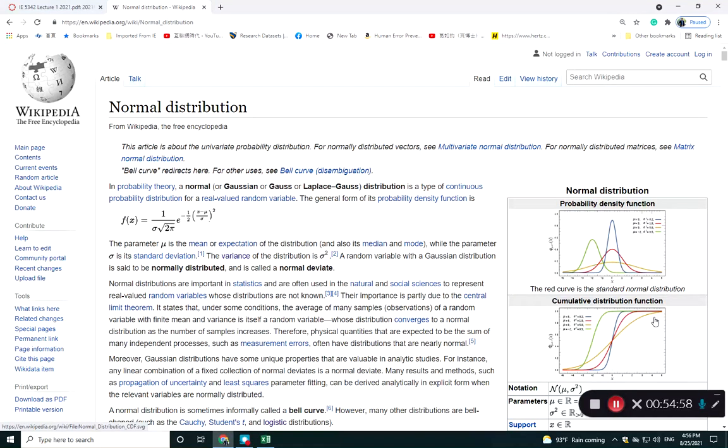For those in my reliability class, I always said that PDF is a mountain, CDF is a transfer function from 0 to 1. That is the same view from Bayesian, frequentist, whatever class I'm teaching. That's the way I see the world. A mountain turned into a CDF. So let me do that just for fun.